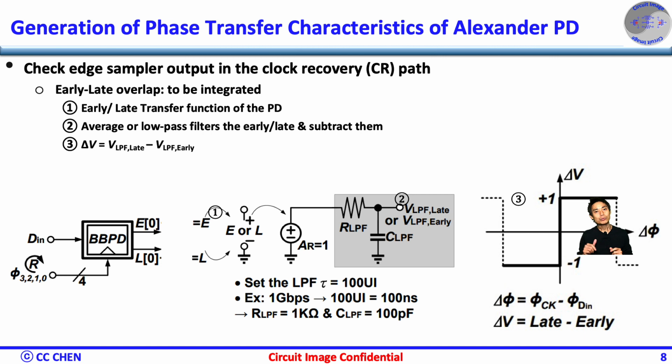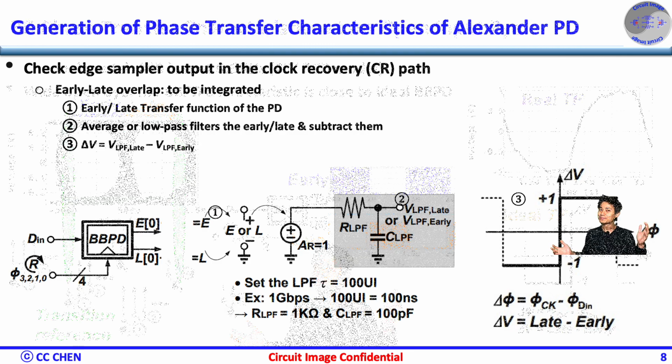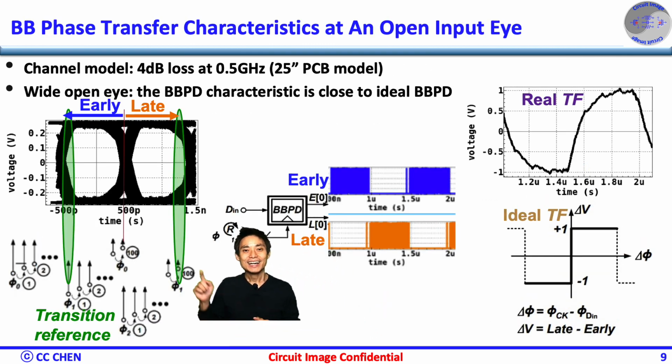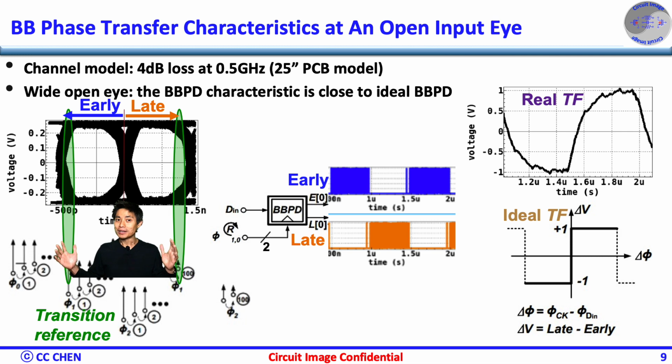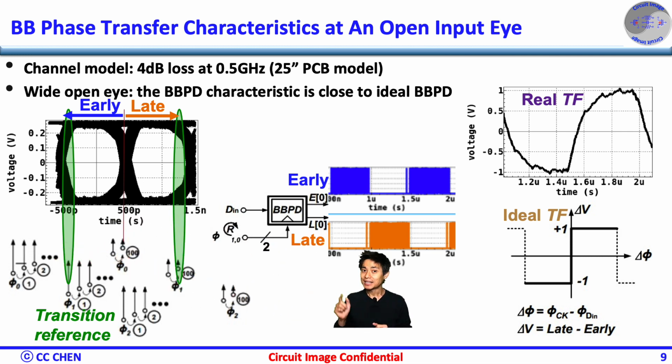Then the output versus time over input phase error will match the early minus late or late minus early. Let's look at a simple case study with the original open eye and see what happened. Again, the input eye is wide open, and the BBPD can tell if the clock phase is earlier or later than the input data easily.